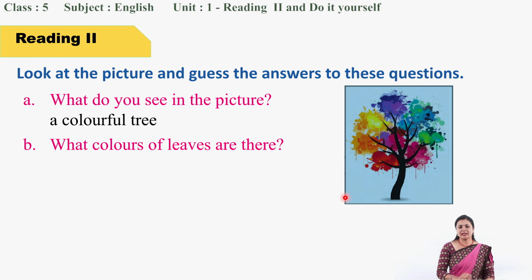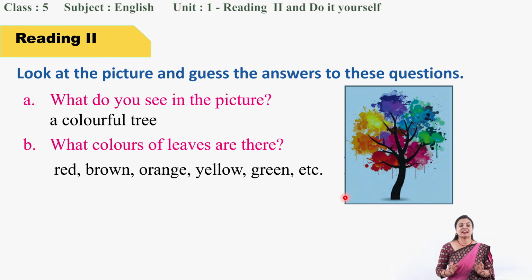Okay then, tell me what colors of leaves are there? Yes, can you tell me the name of the colors? Oh, that's good. That's fine. They are red, brown, orange, yellow, green, etc. Yes, these are some of the colors that you can see there in the tree.